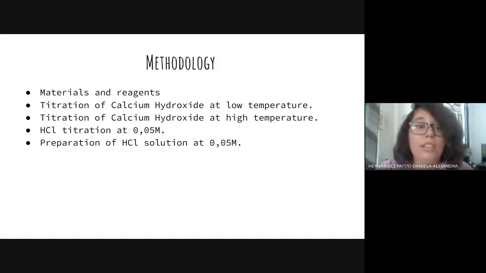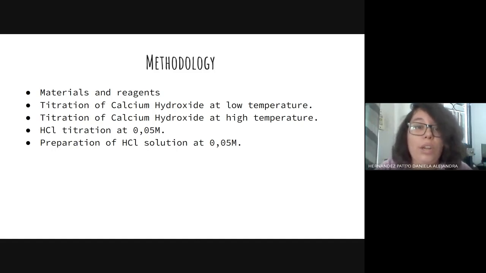The second is the hydrochloric acid standardization at 0.05 molar, where we first calculate the amount of calcium carbonate to use. Then dry it in a drying oven for 1 to 2 hours. Then we remove the sample and allow it to cool for 30 minutes in a desiccator.